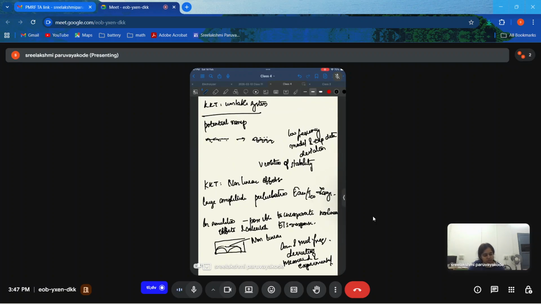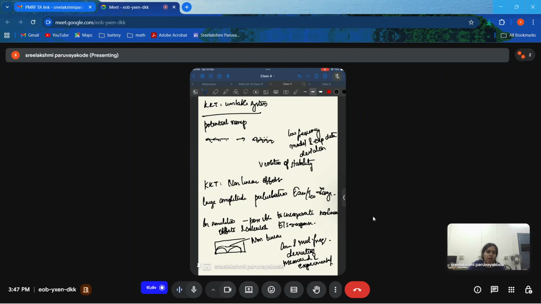Then we say the unstable system. An unstable system is the case where the system keeps on changing, or it's not done with a stable potential. So what we are doing here is, instead of applying a DC bias, we are ramping it, or it changes with time. And then when we do the KKT, we see that the model and the experimental value show deviation at the low frequency regime, and this difference could be attributed to nonlinear effects.